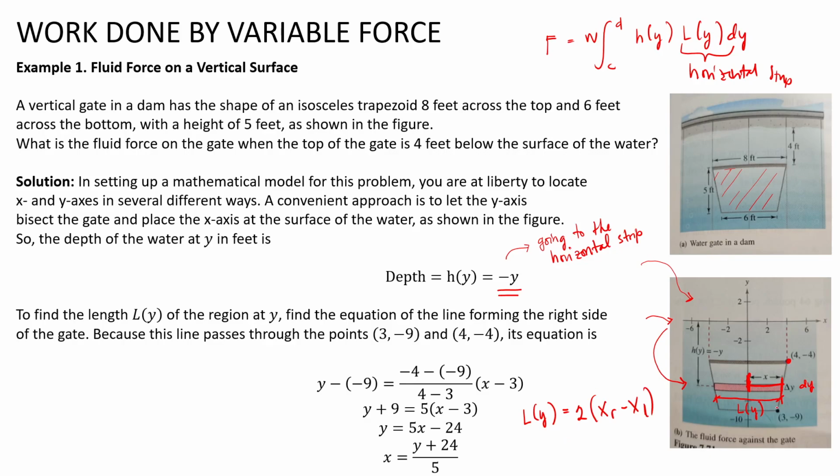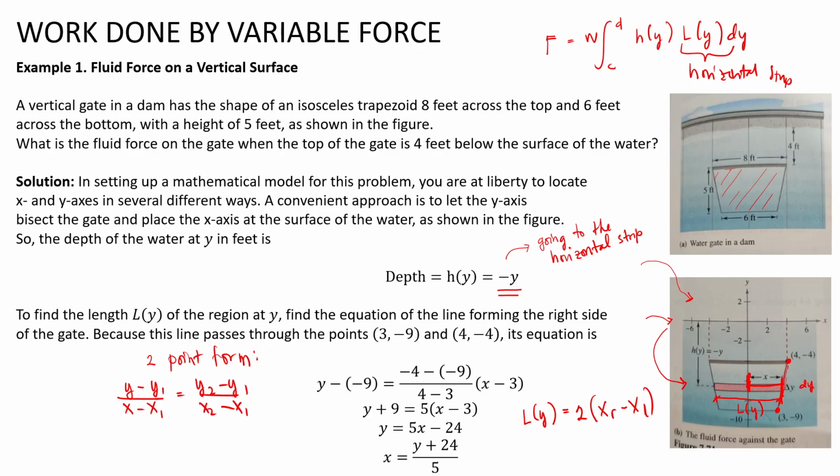If you have 2 points, you need to find the equation of the line. If you don't know how to find the equation of the line, it becomes a bit difficult. There are many ways to determine the equation of the line. If you have 2 points, you can use the two-point form as shown in the figure. That will be y minus y1 over x minus x1 equals y2 minus y1 over x2 minus x1.